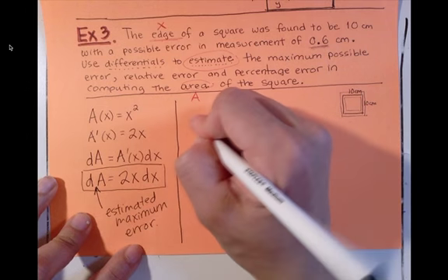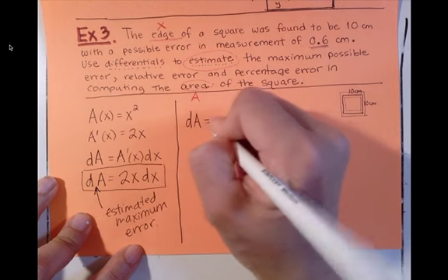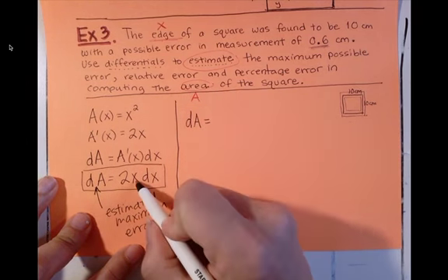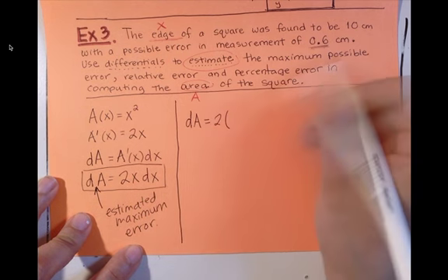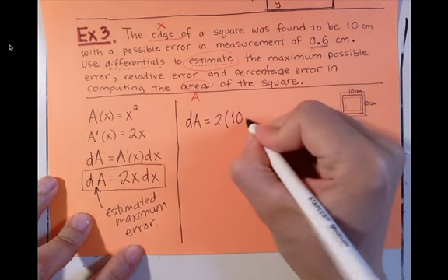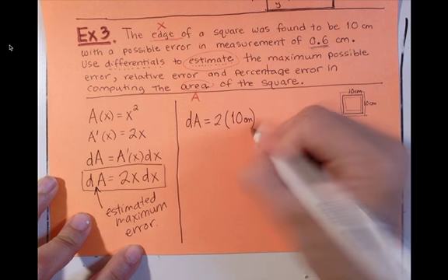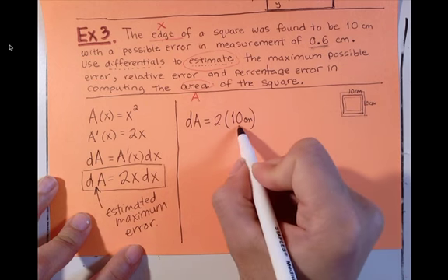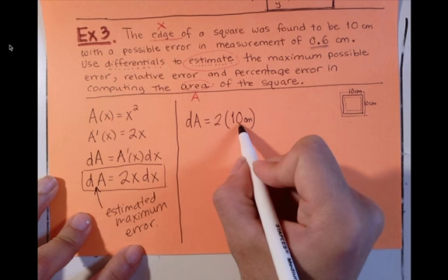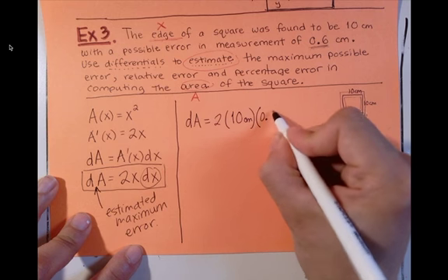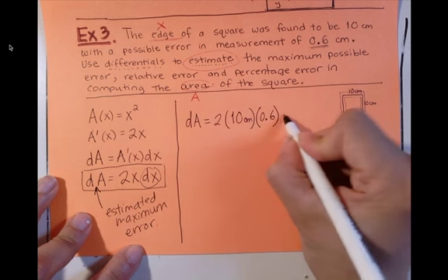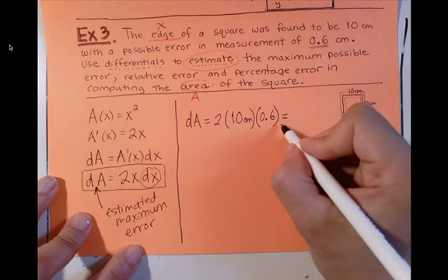So here I have my differential dA. Now in this case, x would correspond to 10. So when the square is 10 centimeters in edge length, and the possible input error dx is 0.6, then I get that the differential dA is 12.